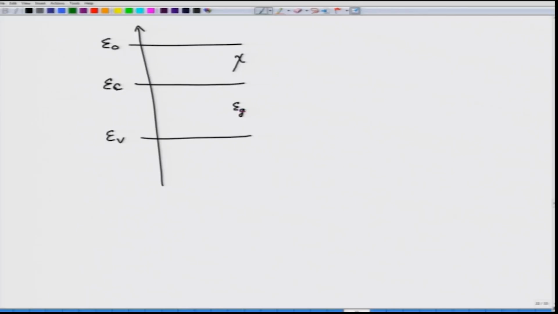So, which means that when you dope the materials with n-type dopants or the donor materials, the corresponding energy levels because of that doping would be just below the conduction band.